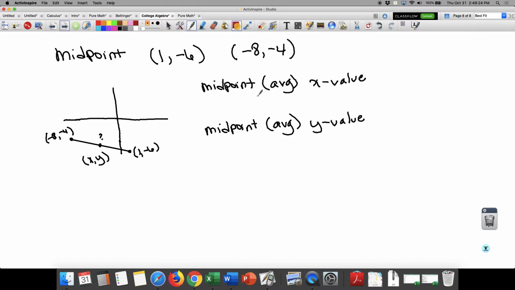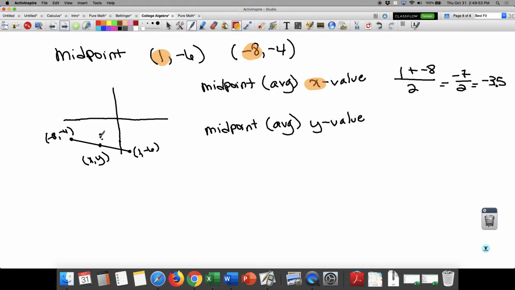So how do we find midpoint? Again, it's just average. So we take our two x's, we add them up, and we divide by 2. Okay, so -7/2 or -3.5 is where your x point is, and that kind of looks about right.